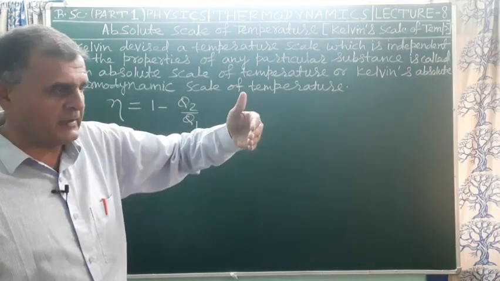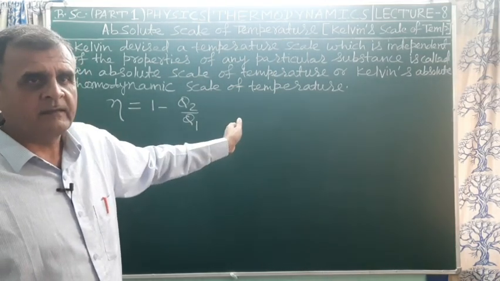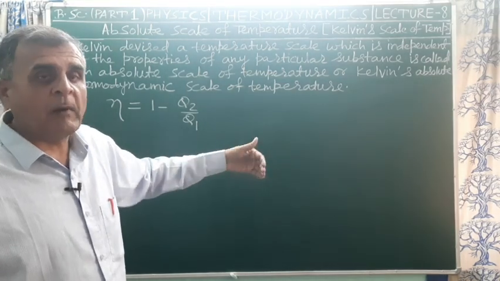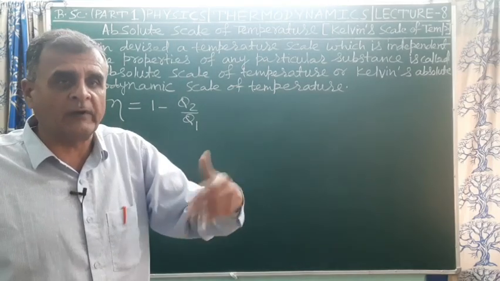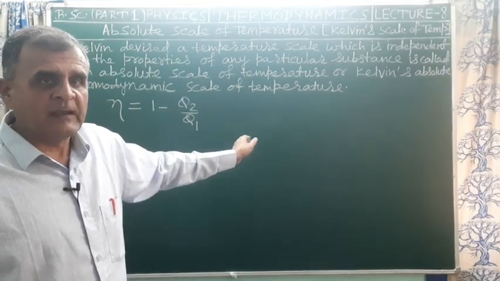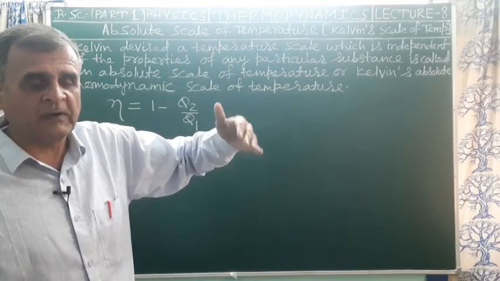In place of T1, we have taken θ1, and Q2 is the amount of heat rejected to the sink, that is the colder body, at temperature θ2 in place of temperature T2 K.